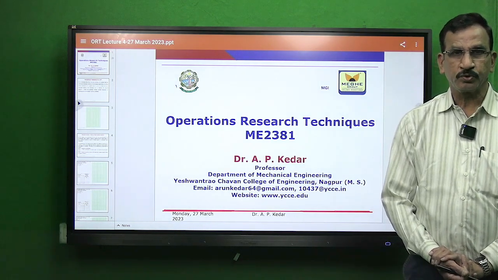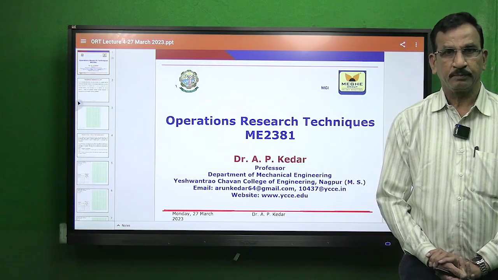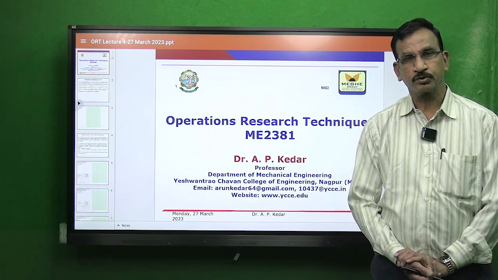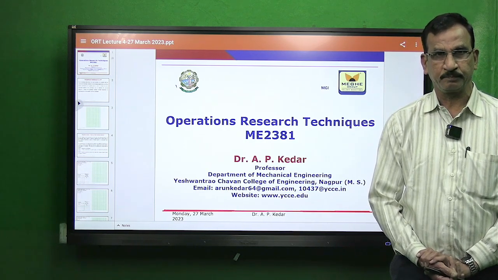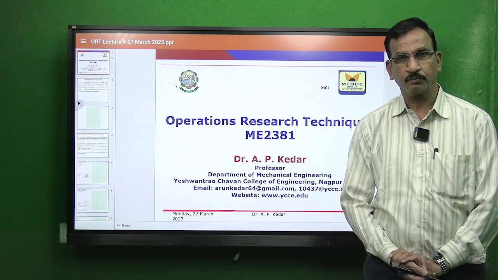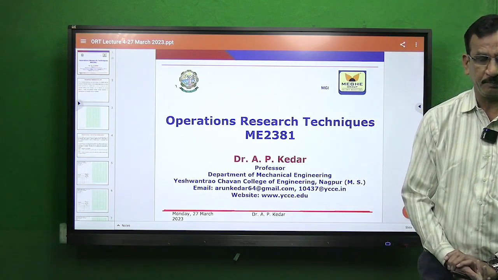For finding solution to given LPP, two methods are available. One is graphical method, other is analytical method, also called as big M method or simplex method. First, we will study graphical method for finding solution to given linear programming problem.